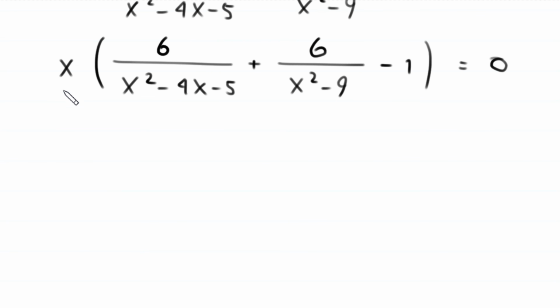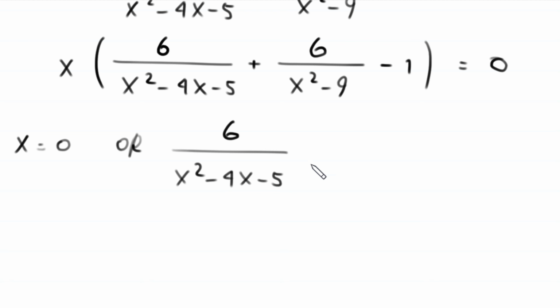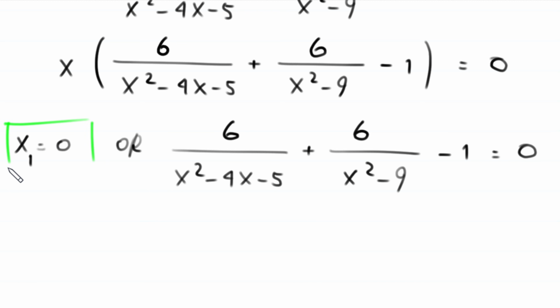Now from here, either x is equal to 0, or this expression 6 divided by x squared minus 4x minus 5 plus 6 divided by x squared minus 9 minus 1 equal to 0. From this, x equals 0 is the first solution of this equation.